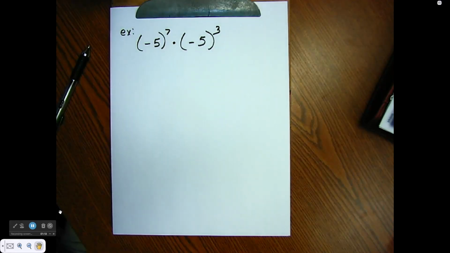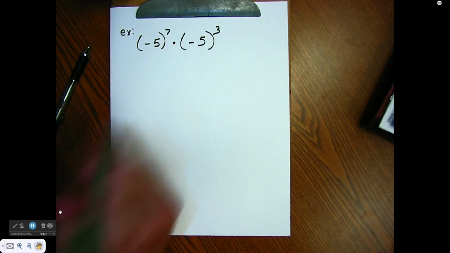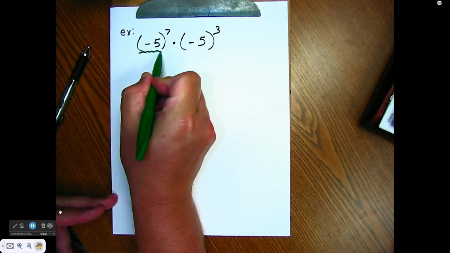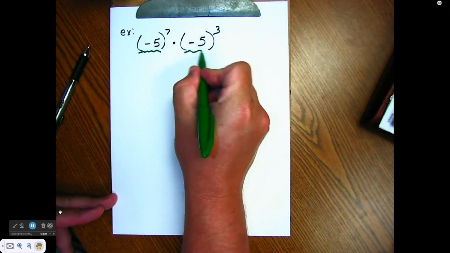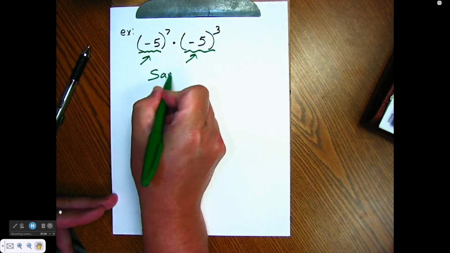So let's look at this example worked out on paper. The point that I want to make here is, notice that they have the same base. Base of -5, another base of -5. That is key.